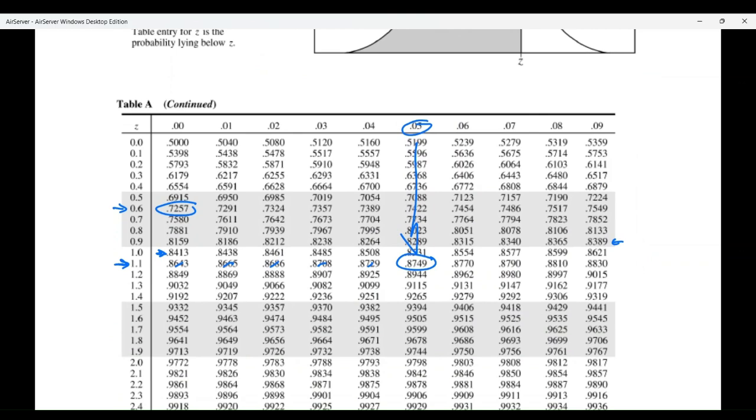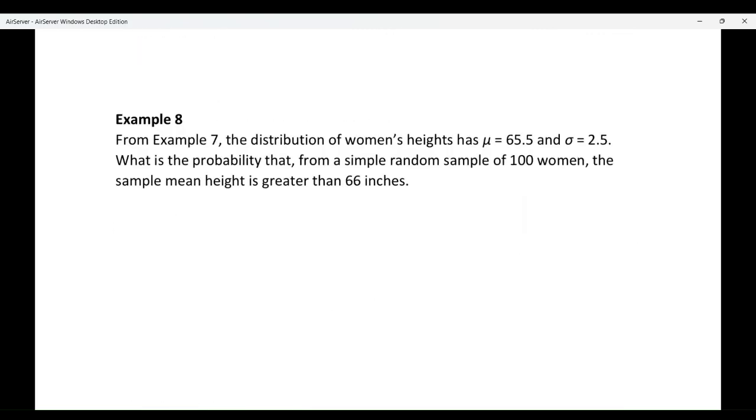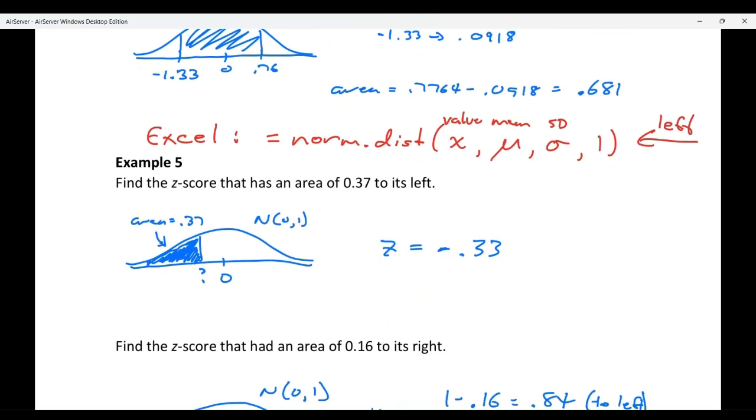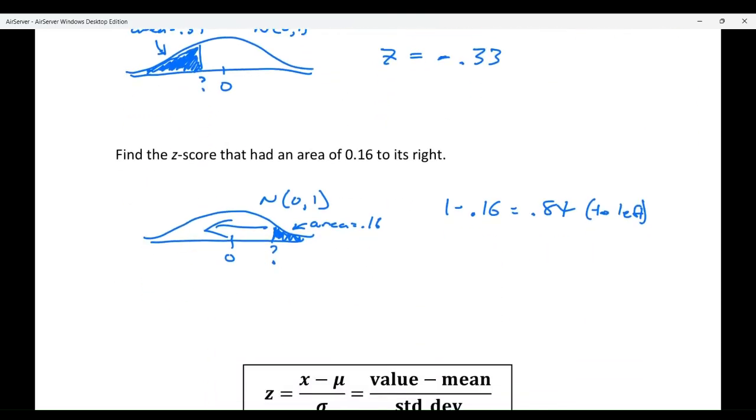Technically, in this case, the 0.8389 is closer, right? That's 11 thousandths away versus 13 thousandths away. Now again, one or the other, they're both giving us roughly the same information. But to be technical about this, we'd want the 0.99 versus the 1.0. So 0.99 is our z-score for that problem. All right. Here we go. Okay, so that is 0.99.